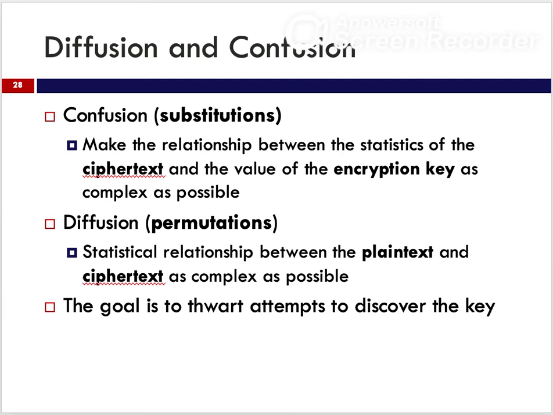And the confusion property is achieved through the substitution operation. The other property is the diffusion property, which is achieved through permutation, which makes the relationship between plaintext and ciphertext as complex as possible. It means that if we keep the same key, but change only one bit of the plaintext, half of the bits of the ciphertext should change.